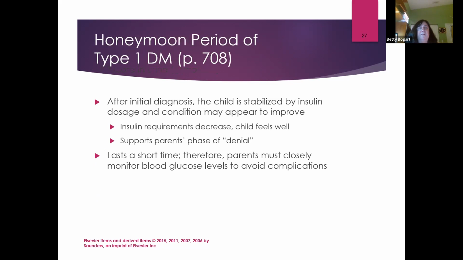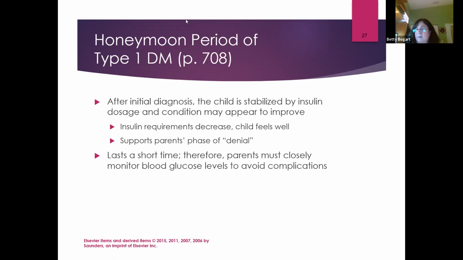So this honeymoon period of type 1. After the initial diagnosis, you are going to give them insulin and everything looks really good. But the insulin requirements do go down as you're feeling well.